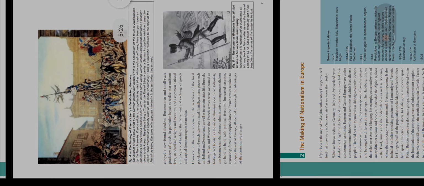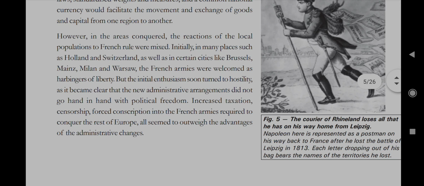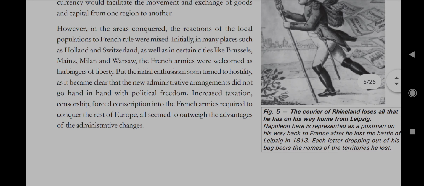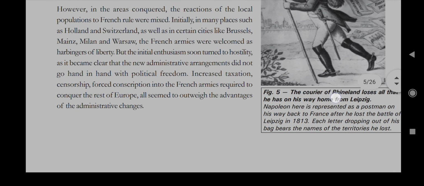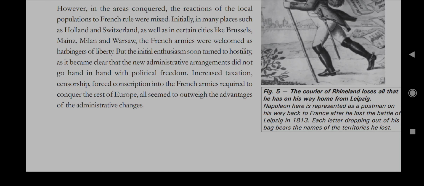It would make their business easier. But in other conquered parts, there were mixed feelings. Initially, in places such as Holland and Switzerland, as well as certain cities like Brussels, Mainz, Milan, Warsaw, the French armies were welcomed as the harbingers of liberty.